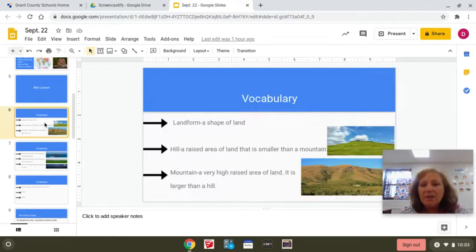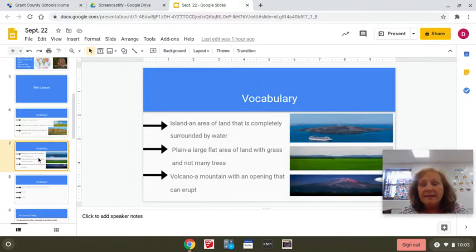We're going to talk about some vocabulary. Landform is a shape of land. A hill is a raised area of land that is smaller than a mountain. A mountain is a very high raised area of land. It is larger than a hill. And an island is an area of land that is completely surrounded by water.